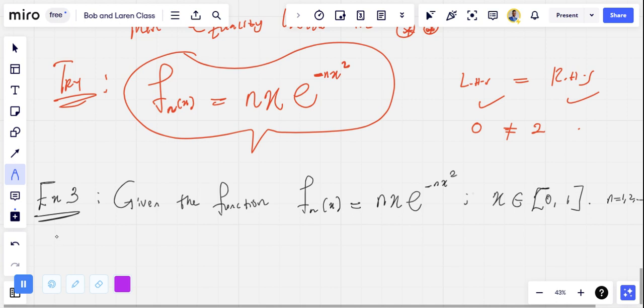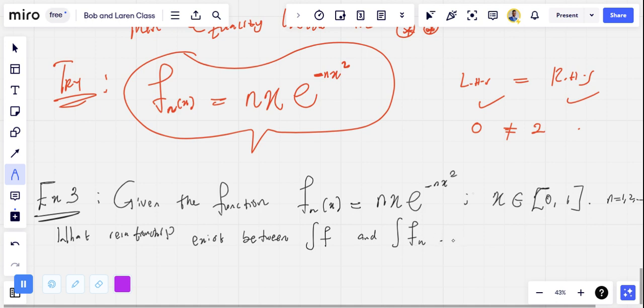And then the question now says, what relationship exists between the integral of f and the integral of f_n? That's the first question. What relationship exists between this and this?